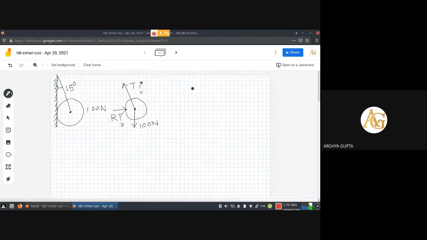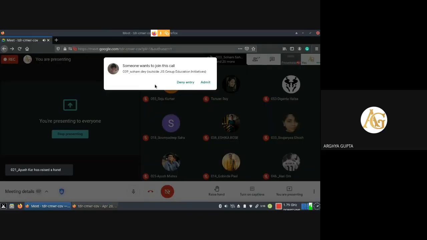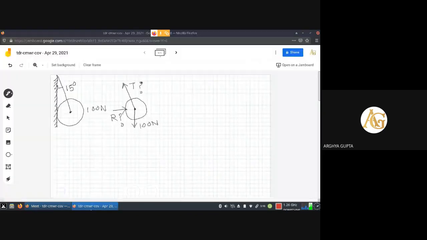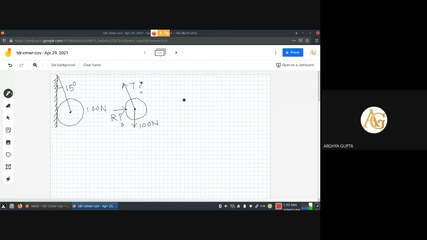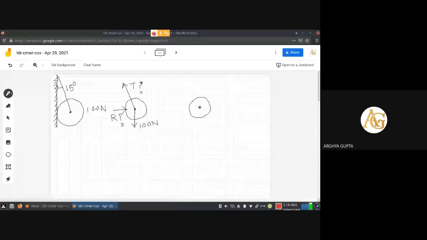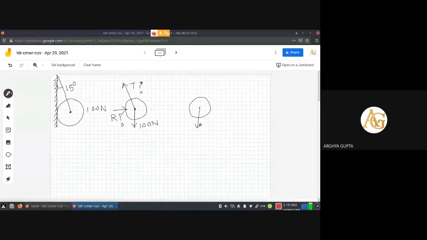The next thing we have to do is draw all the forces away from the center. This will help you to analyze the angle more accurately. So the third step: 100 Newton is already away from the center.